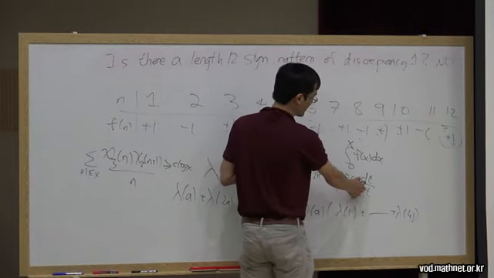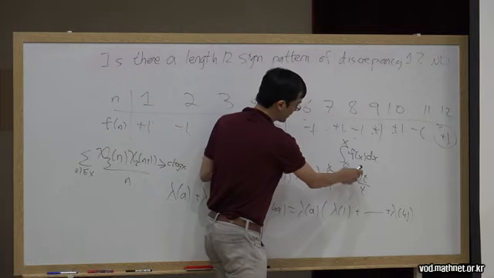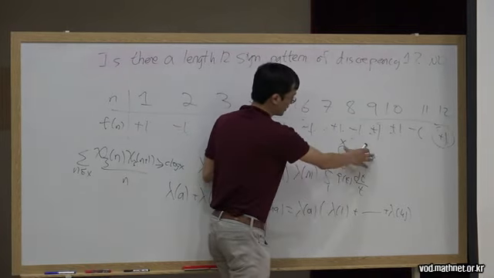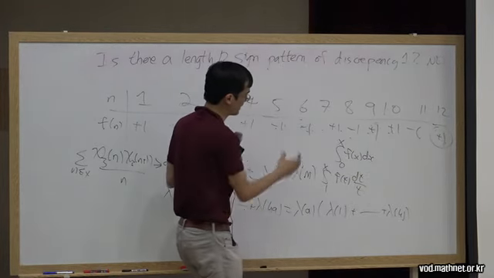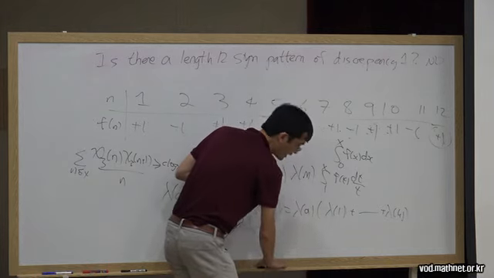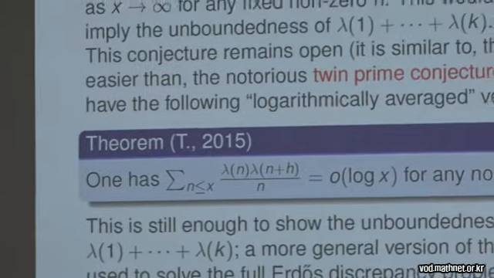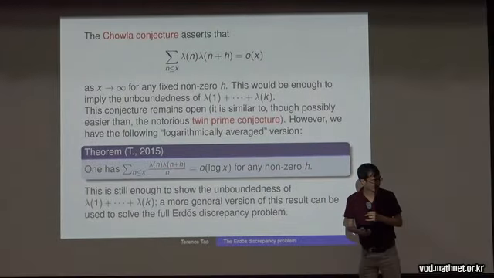This is multiplicative Haar measure rather than additive Haar measure, because this type of integral has good properties with respect to multiplication, whereas the standard Haar measure has good properties with respect to translation, but this has good properties with respect to dilation. And these questions are more multiplicative than additive, so it's better to use something that looks like a multiplicative Haar measure. That's roughly where this 1 over n comes from.